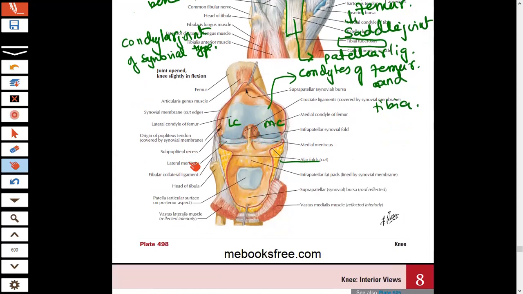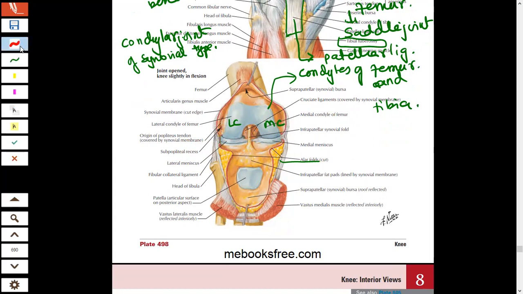So this knee joint, please remember there are many ligaments present here. So first of all, we must have to discuss the ligaments. So see here, number one important point. First of all, you must have to write like this one.